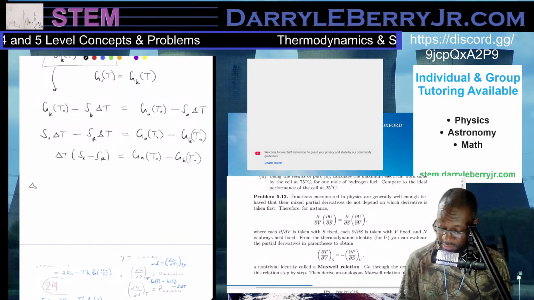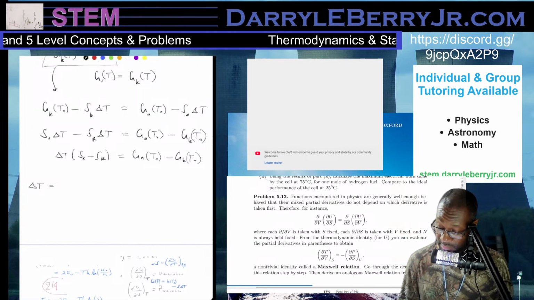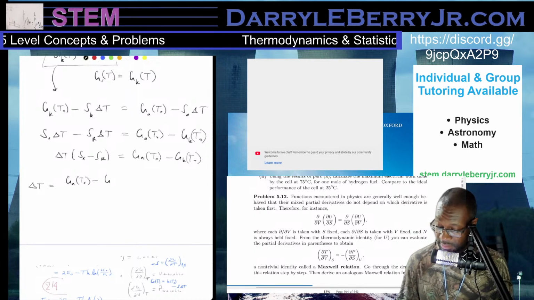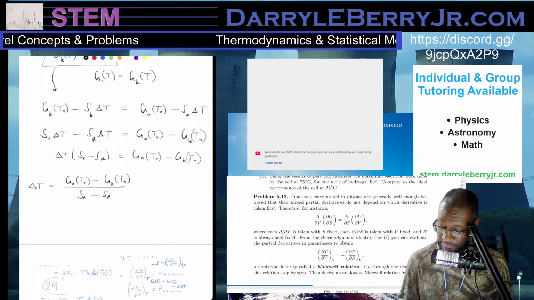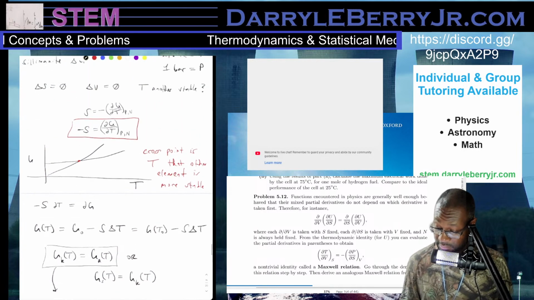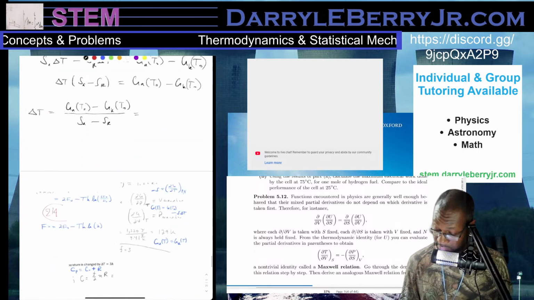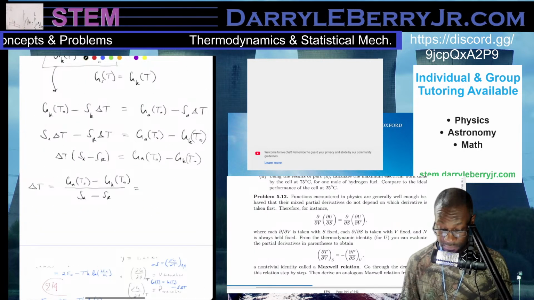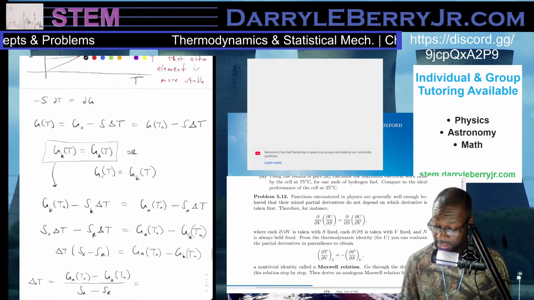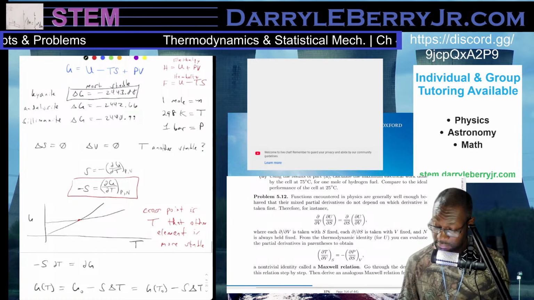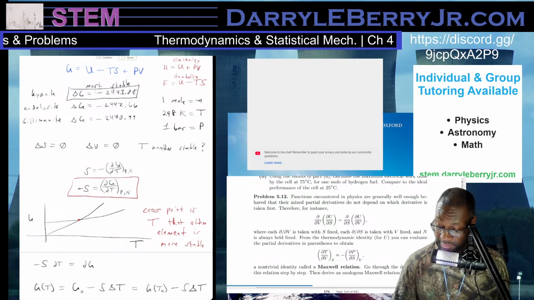So we can say change in T equals G_A at T naught minus G_K at T naught over S_A minus S_K.